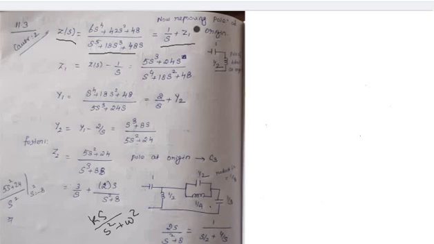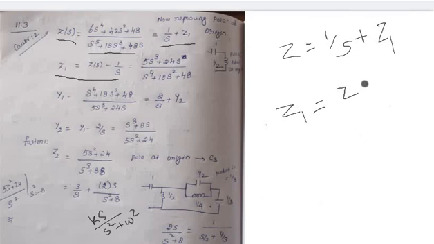So we have to first find out Z1 of S. Z1 of S equal to Z of S minus 1 by S. Since Z of S equal to 1 by S plus Z1, Z1 will be Z minus 1 by S, which is given as 5S cube plus 24S divided by S power 4 plus 18S square plus 48.